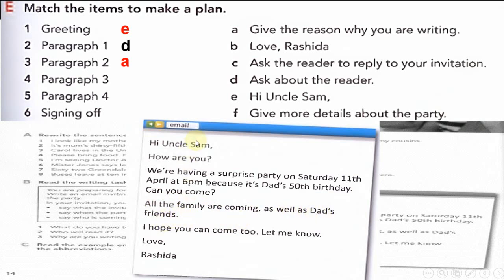It means she's giving more details about the party. Paragraph 4, I hope you can come too. Let me know. It means she's asking the reader to reply to your invitation, right? Last thing is her signature or signing off, which is Love, Rashida. Okay, that's fine.